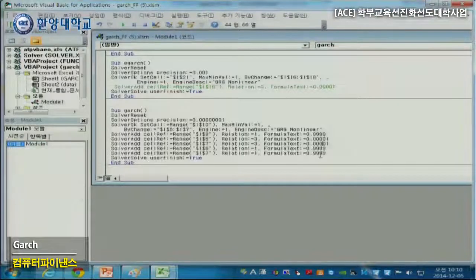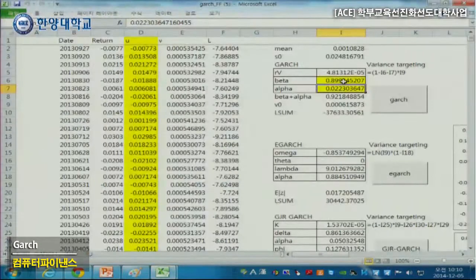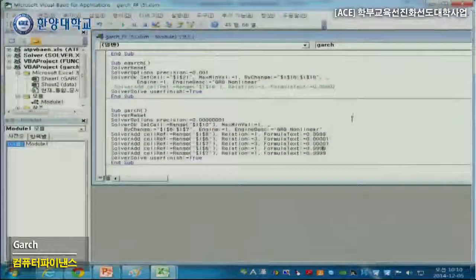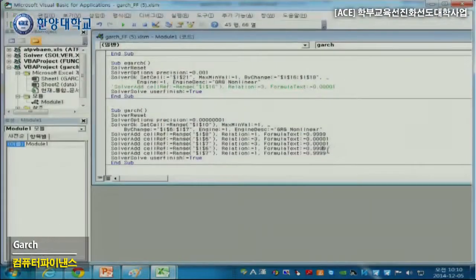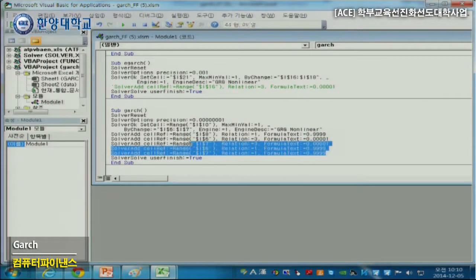And then the third one is that I want to make sure that this one and this one, both of them are less than 1. Actually, they are not necessary. If the sum is less than 1 and each one is greater than 0, then naturally both of them should be less than 1, right? But I want to make sure again that each one is less than 1. So I deliberately added the four unnecessary conditions to make Excel work more correctly.